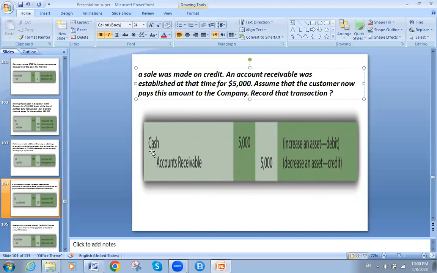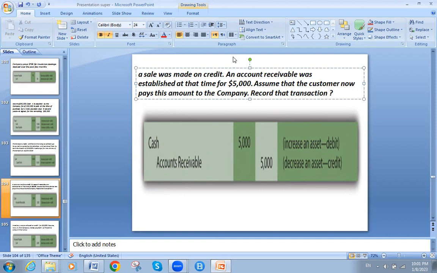Now, after he paid, it will be cash to account receivable. This is the only case where the account receivable will be in the credit. So it will be from cash to account receivable with $5,000. This is the only case, I say again, that the account receivable will be credit.